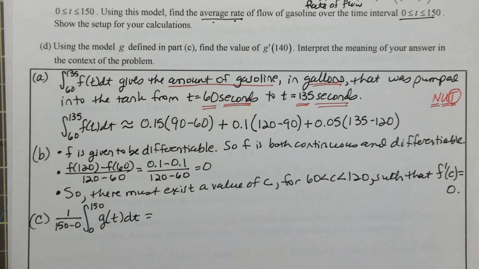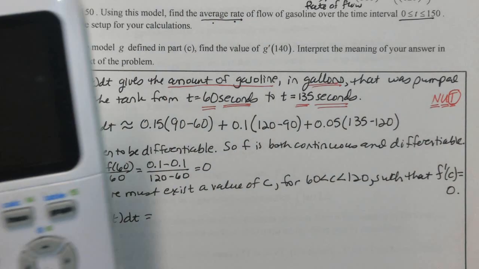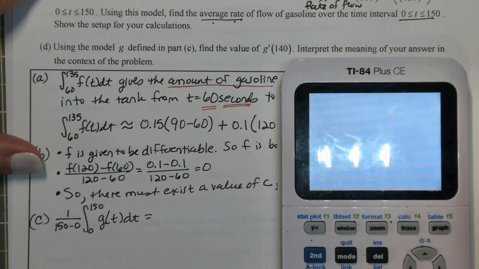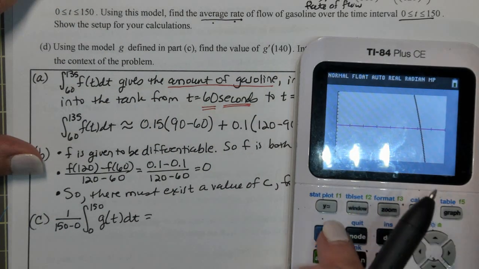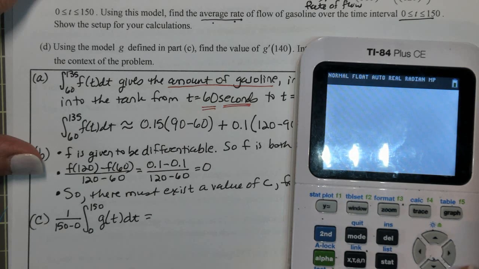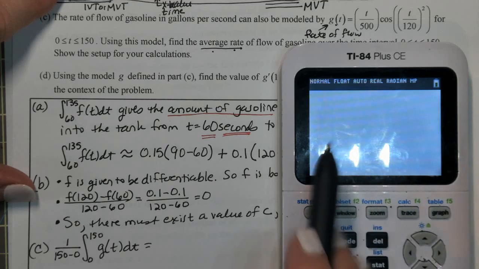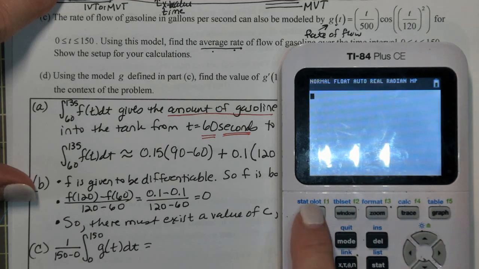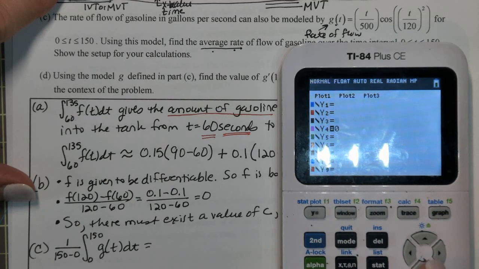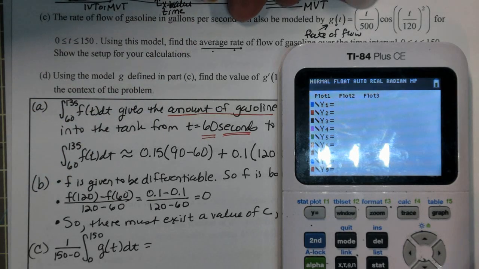Okay, so in we go to our calculator. I still have the last time I used this. Let me get rid of that. Okay. I think I'm going to take the time to put G in for Y1. I'm going to type it in just like I see it.